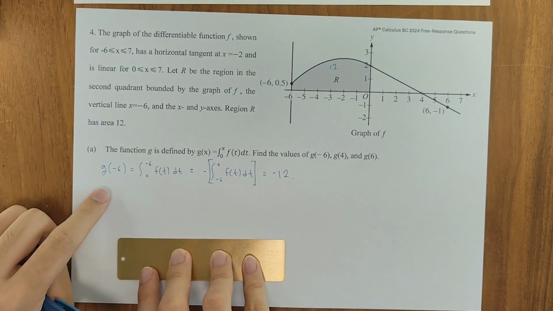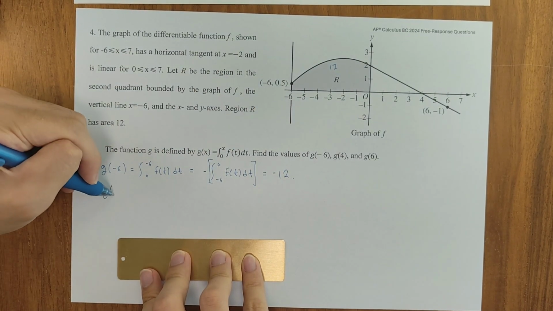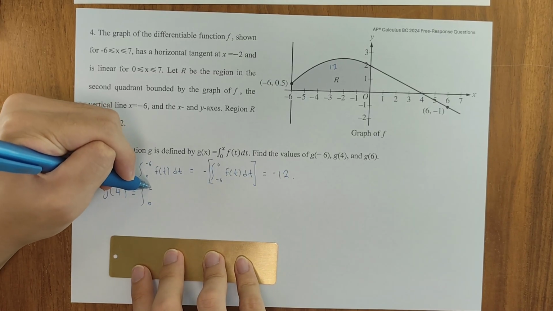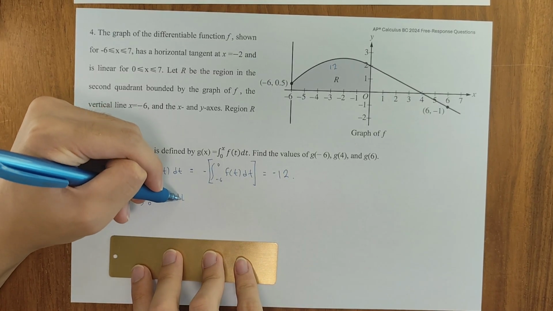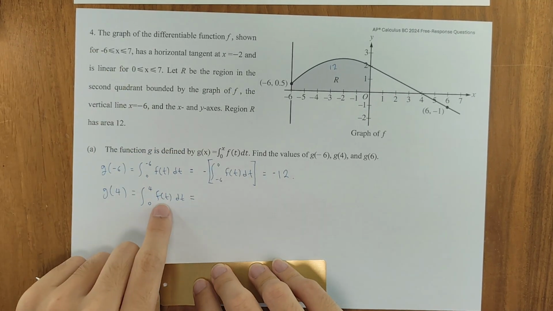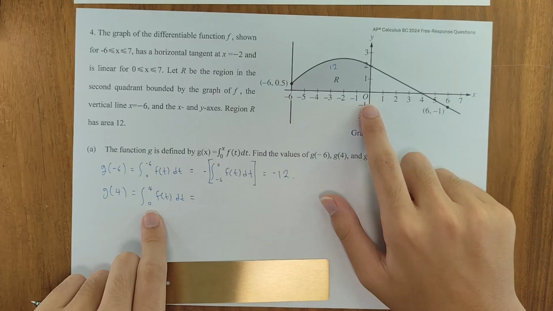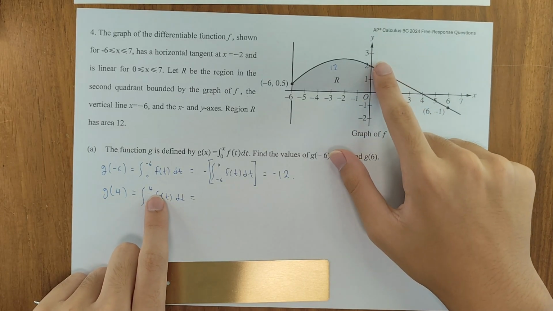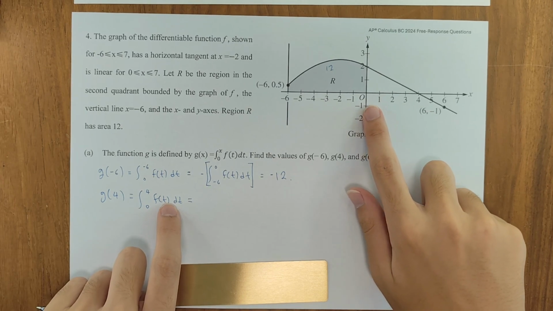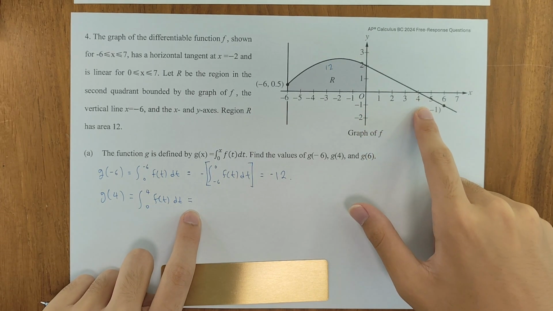So g(-6) is -12. Now let's find g(4). g(4) equals the integral from 0 to 4 of f(t) dt, and the area from 0 to 4 under the f curve is a triangle. So let's find the area of this triangle here.